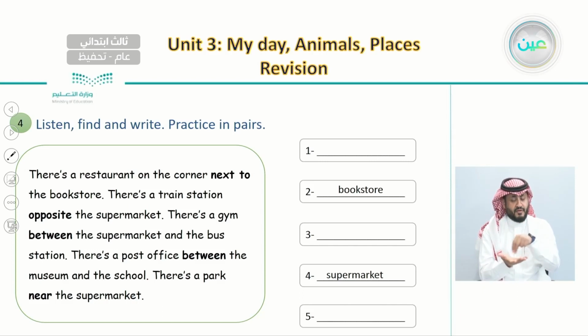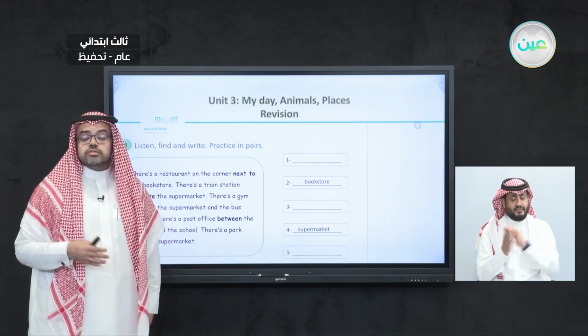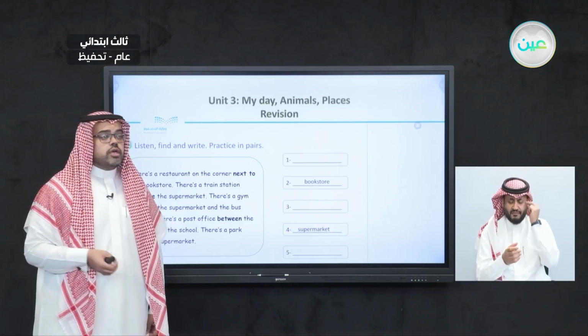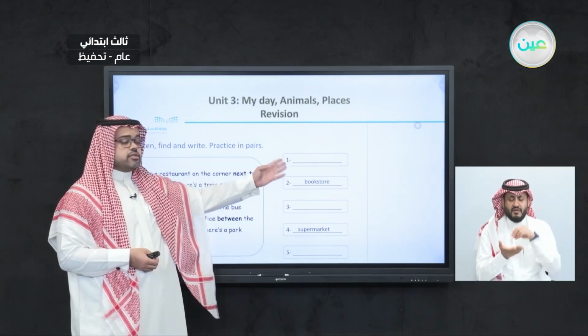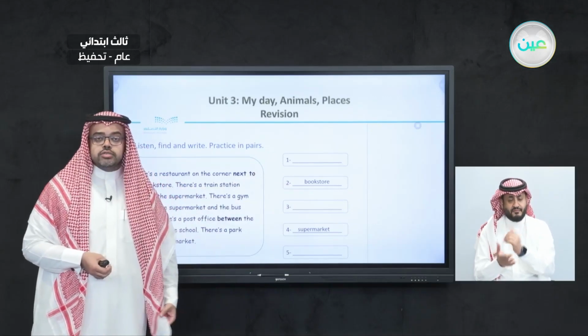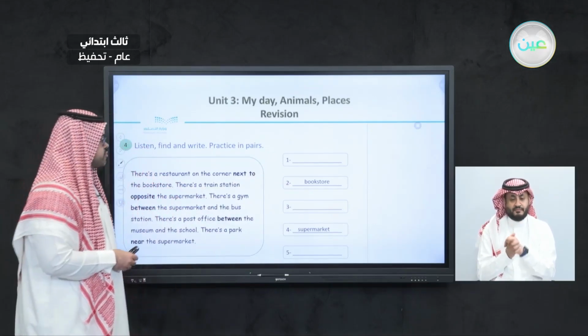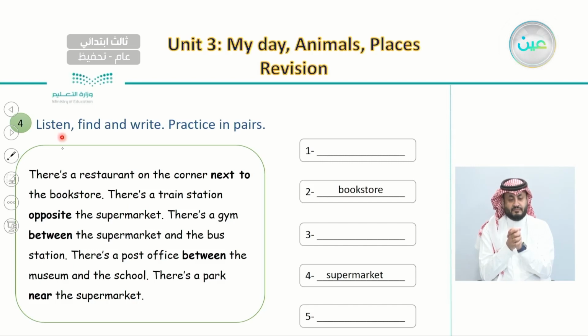And the second part is when we talk about the places from number 6 up to number 10. So now let's read the text, and after reading we can think of the places that we should write here. So let's begin. Listen, find and write, and try to practice it in pairs.